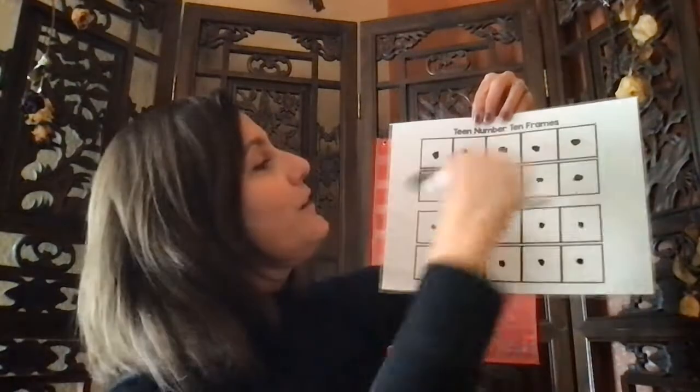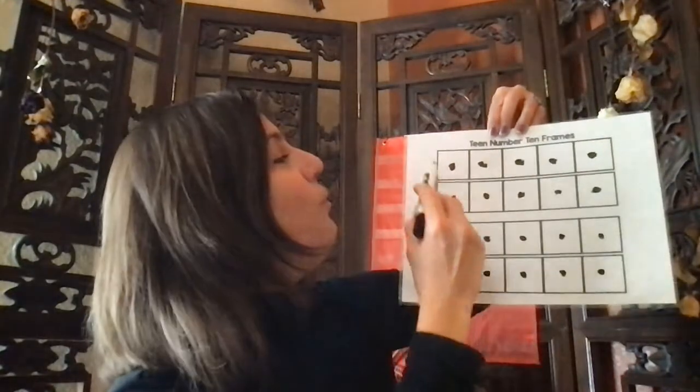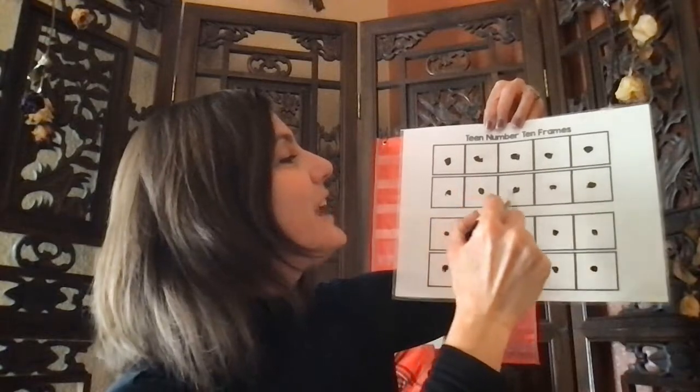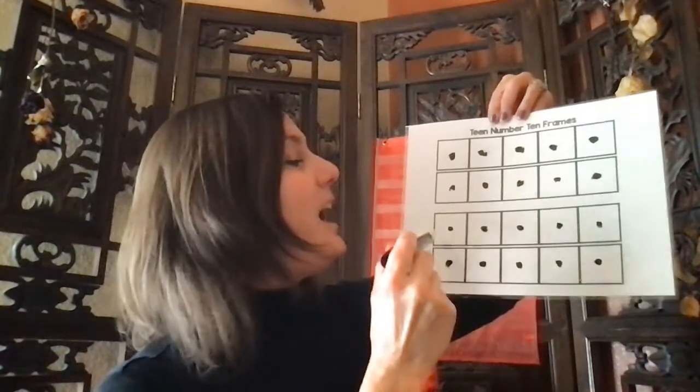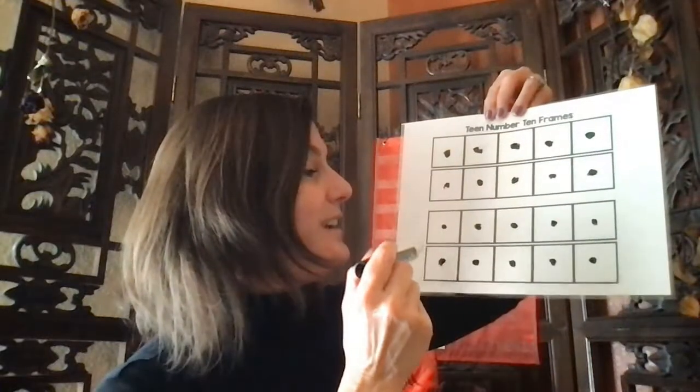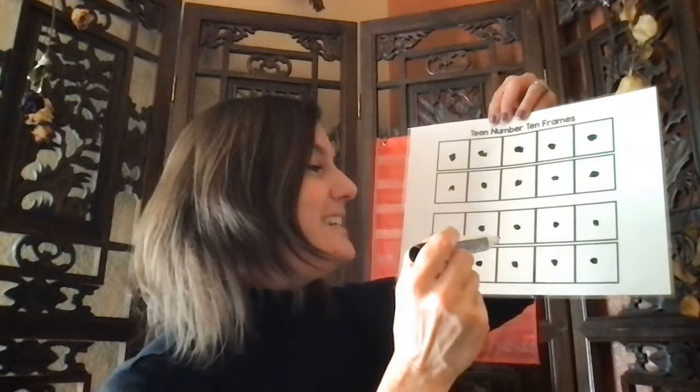We know we have 20 single dots there. We can count it by 5s. 5, 10, 15, 20. And we can count it by 1s. 1, 2, 3, 4, 5, 6, 7, 8, 9, 10, 11, 12, 13, 14, 15, 16, 17, 18, 19, 20.